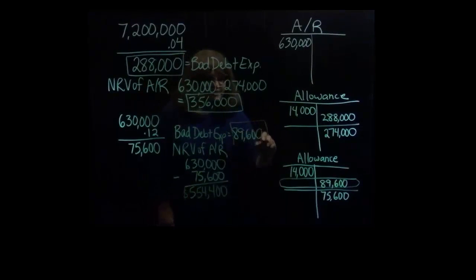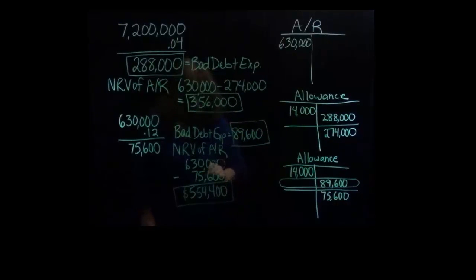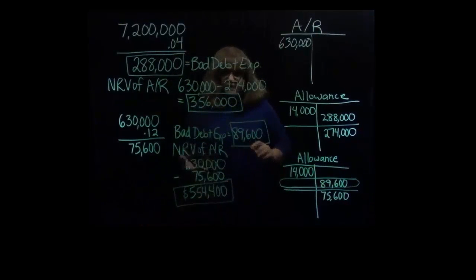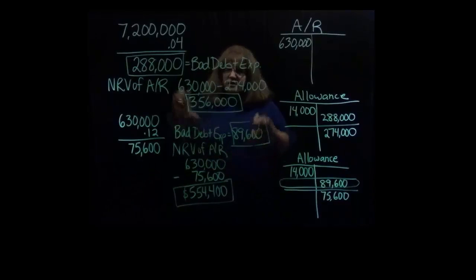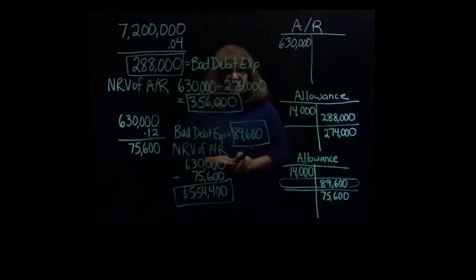So there's our bad debt expense, and there is our net realizable value of the accounts receivable using that percent of receivables method. So you see the two methods will vary as to bad debt expense and the net realizable value of accounts receivable. So it's important that companies make these decisions carefully, which method they're going to use, which is most appropriate for their company.